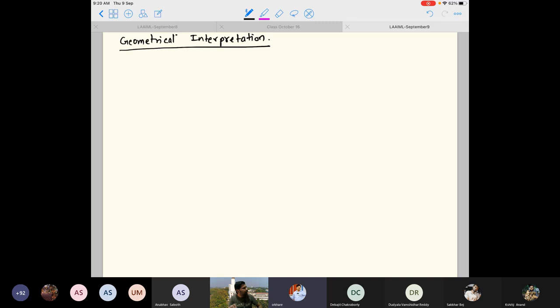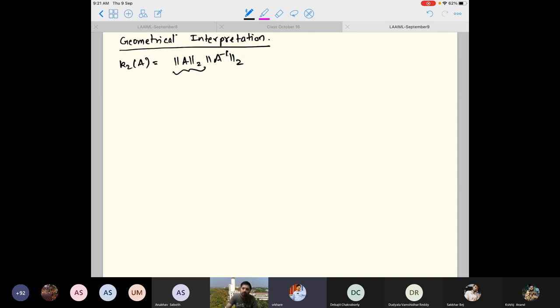For this geometrical interpretation, once again, there are two things that I'll look at. The condition number of A is basically defined as the 2-norm of A times the 2-norm of A inverse. Correct? That's how I define the condition number of A. So first let us understand the geometrical meaning of the 2-norm of A. That we somehow already know.